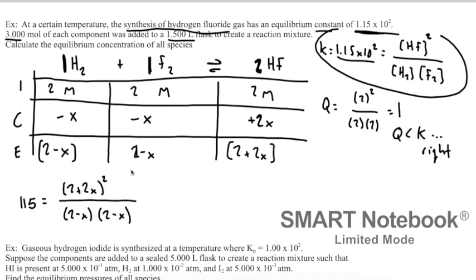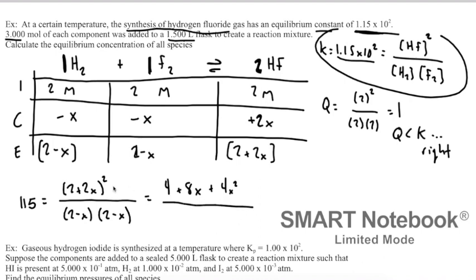I'm going to go ahead and factor both of these, the top and the bottom. So that's going to get me 4 plus 8x plus 4x squared on the top. I just FOILed that. 2 times 2 is 4. 2 times 2x is 4x, plus 2 times 2x is another 4x, gets me 8x. 2x squared is, of course, 4x squared.